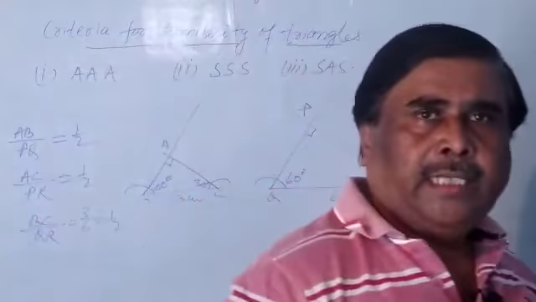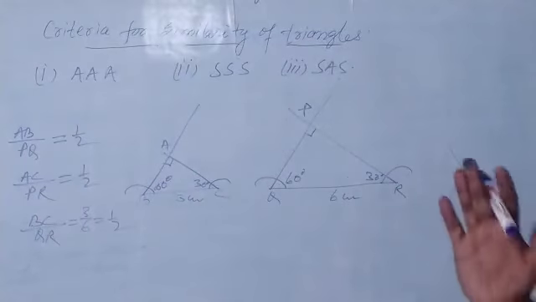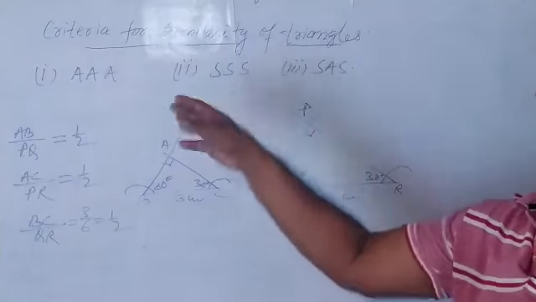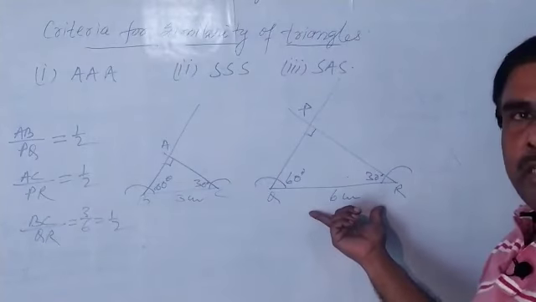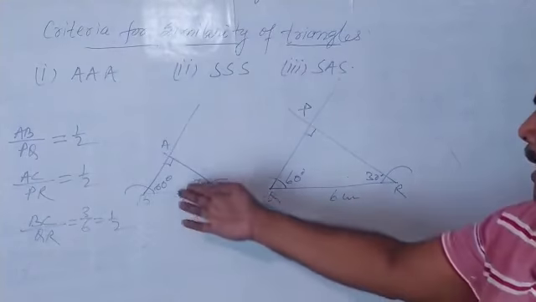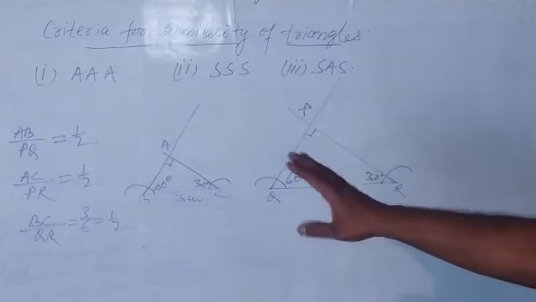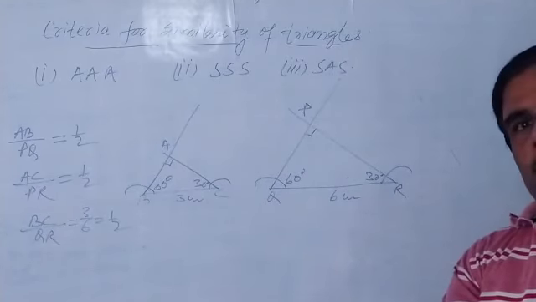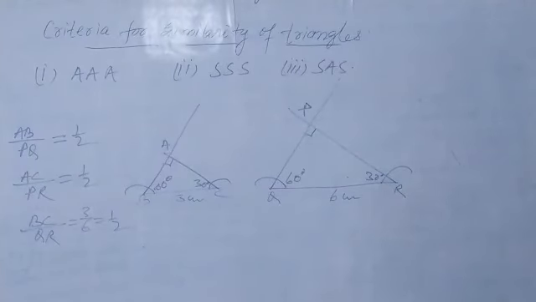It means this is our activity in which we can find the ratio of the other two corresponding sides if the ratio of one side is given and all three angles are equal. So we find that if all corresponding angles of two triangles are the same, then the ratio of their corresponding sides is also the same.